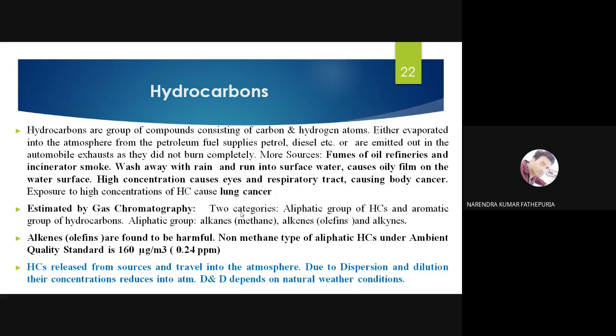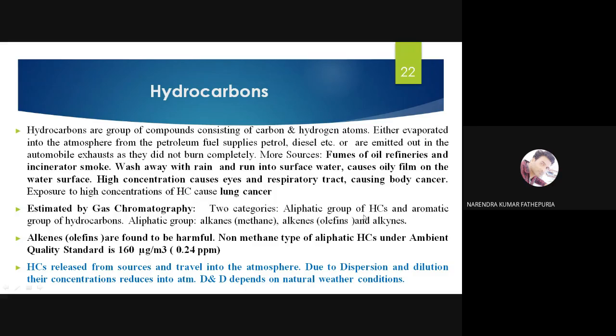Every gas has various properties. Some of the gases are highly active in the atmosphere, highly chemically reactive, right? And some of the gases are very ignitable in nature. So we have to understand the various properties of the gases. So hydrocarbons estimation can be done by the gas chromatography method.